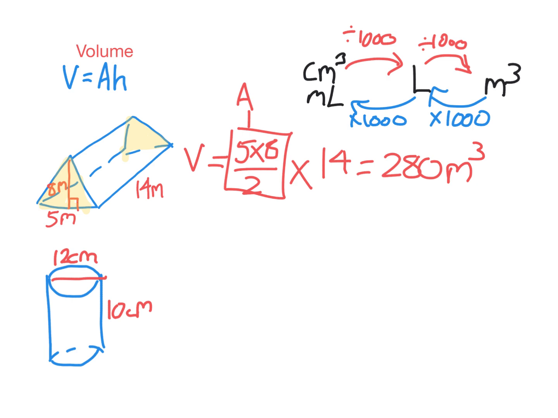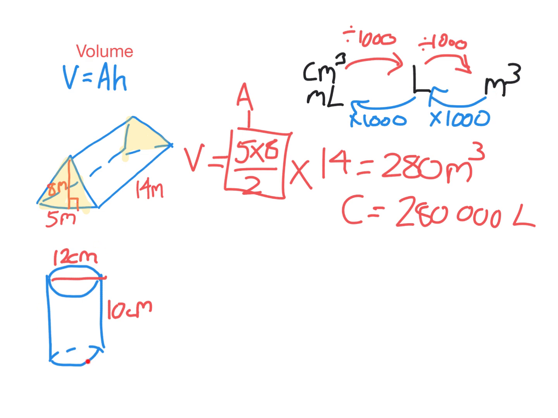It turns out a meter cubed is 1,000 liters. A meter cubed is actually quite big. So for 280 meters cubed, it will hold 280,000 liters. To go from meters cubed to liters, you simply times by 1,000. So the rule from the previous slide still works. If you're going from a larger to a smaller unit, you always times.